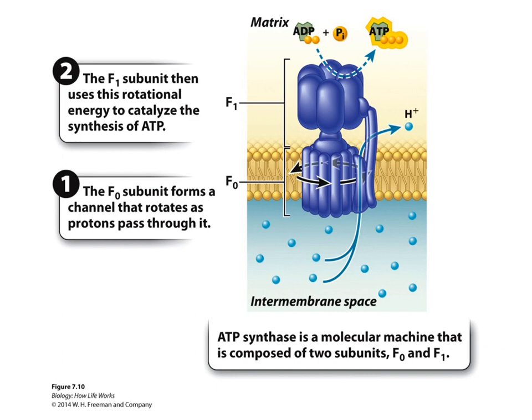Now, how does ATP synthase work? We call this process chemiosmosis. Chemiosmosis is when these H pluses migrate through the F0 unit of the ATP synthase.